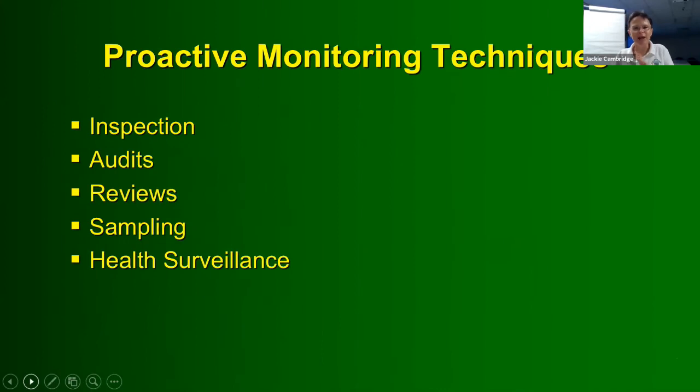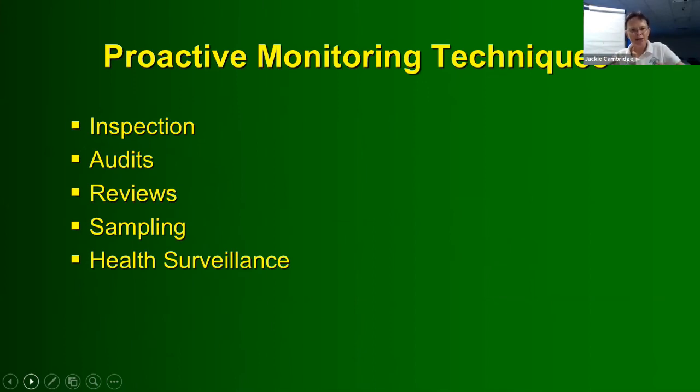Monitoring techniques are linked to measures. Doing a workplace inspection is a way of monitoring health and safety. You go and observe. Next session, we'll look at audits and reviews, where we look at the effectiveness of your health and safety management system. Sampling, I take a noise sample of the air or a dust sample.